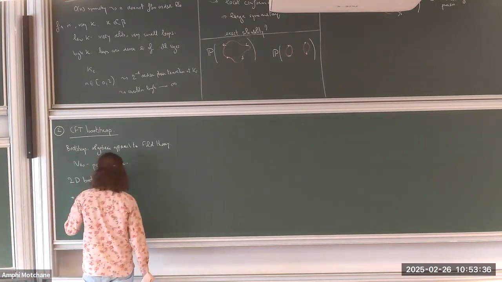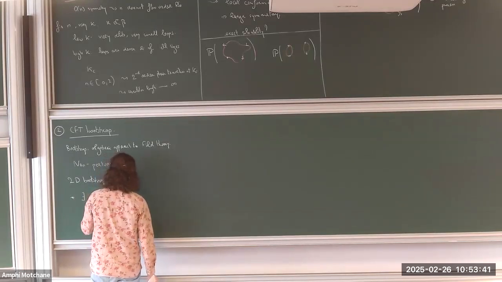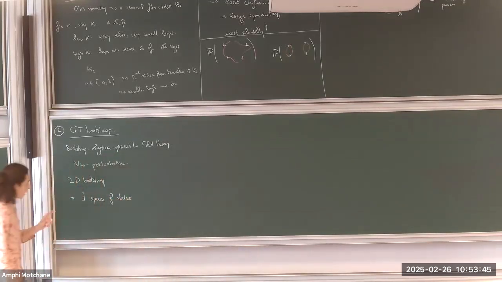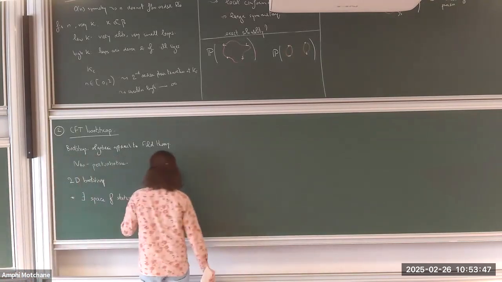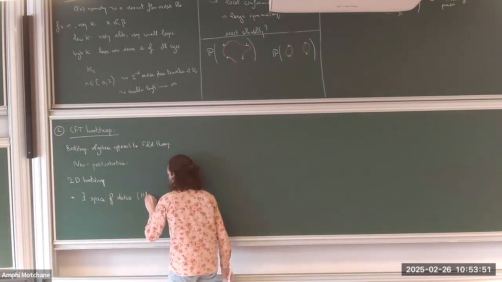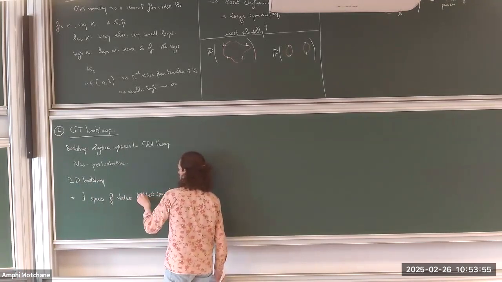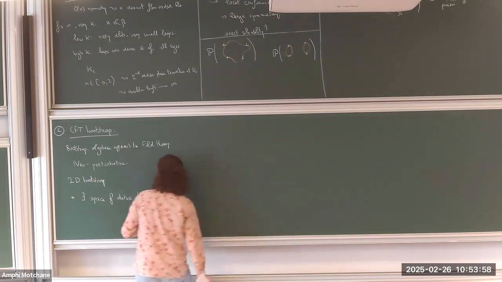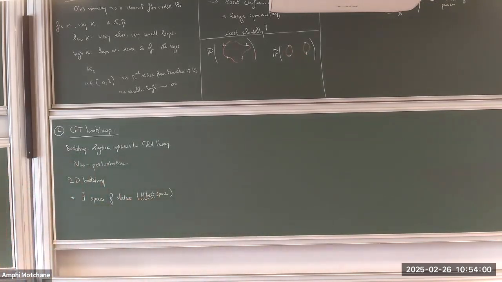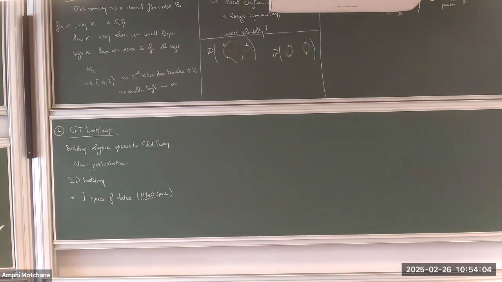The first one is that there exists a space of states. I'd not call it a Hilbert space, simply because the scalar product which is defined on it is not necessarily positive definite. So let me think of a Hilbert space, but not really Hilbert, not a positive definite scalar product.